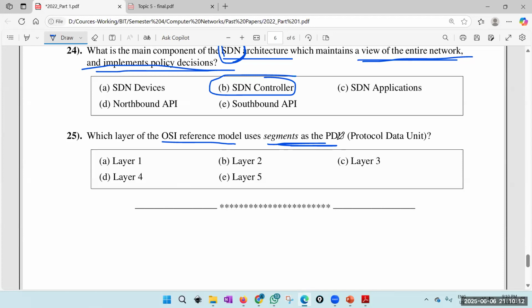Then network layer, data packet or datagram, then transport layer, it is segment. So therefore, segment is the transport layer. That is layer 1, 2, 3, 4: bits, data frame, data packet, segment. 1, 2, 3, 4. Fourth layer. D.